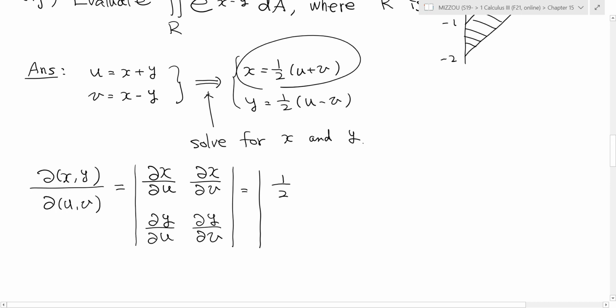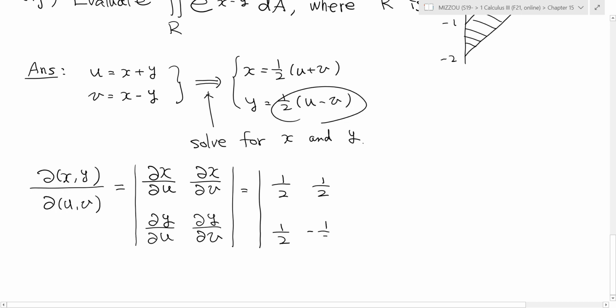And if you differentiate x with v, you also get 1/2. Now you differentiate y with u, you get 1/2. And y with v, you get negative 1/2. And now if you multiply diagonally, you get negative 1/4 minus 1/4. That's negative 1/2.